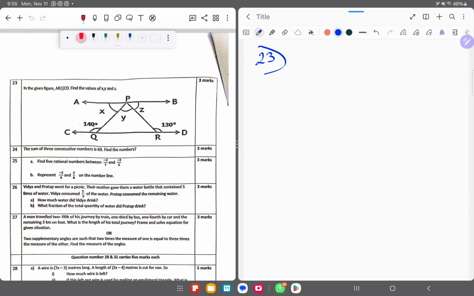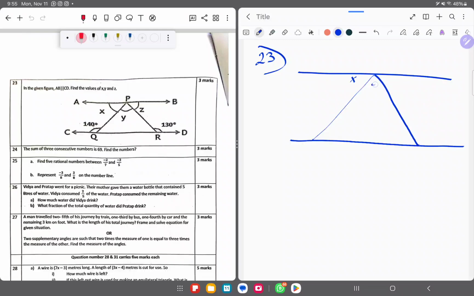In the given figure, 23, what are the values of x, y, z? So this one here. This is x, this is y, this is z, this is 140, this is 130. If this is 130, so all of this is 130. This is 140, so 180 is equal to 140 plus c.